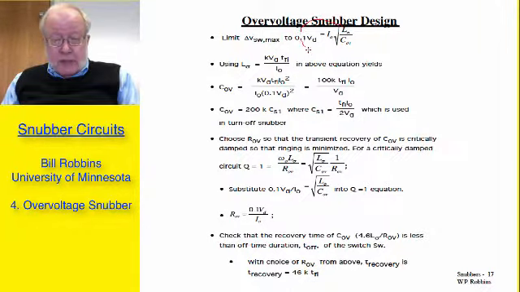That's the equation that I'm circling right here. We've already written that the inductor value can be written in terms of kV sub d TFI over I naught, which means I can then solve the first equation that I circled and get the overvoltage capacitor value.